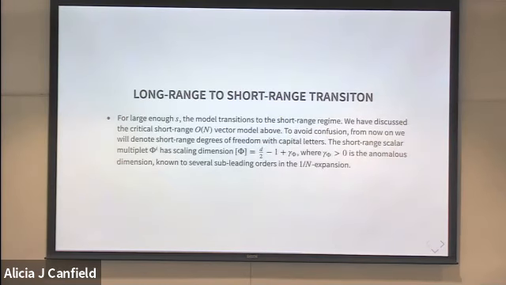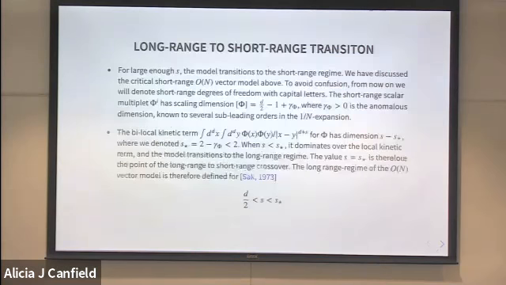Now, it's not for all S that you can have a long-range model. For all the values of this parameter S, one thing we've already discussed is how it's bounded from below by the requirement of relevance of the quartic interaction. It's also bounded from above, due to the fact that for large enough S, your model will actually transition to the short-range regime. You can see it by starting with a short-range model and calculating the scaling dimension of the bilocal action in that model.